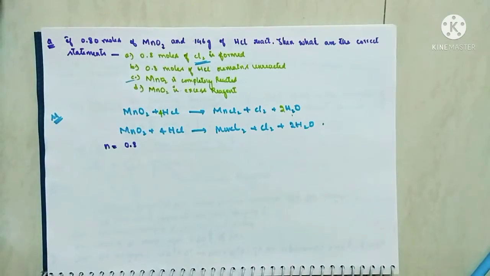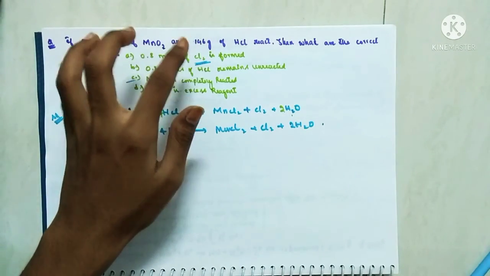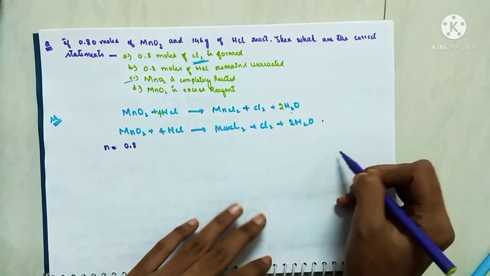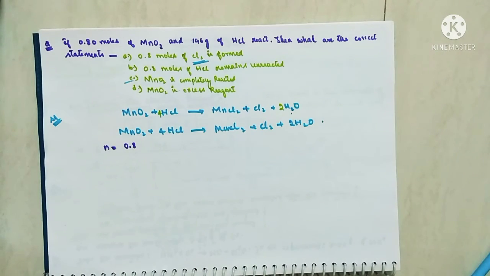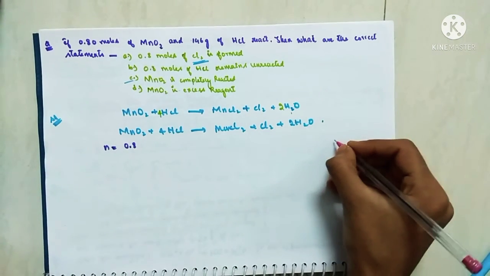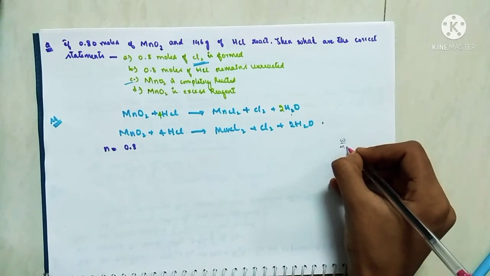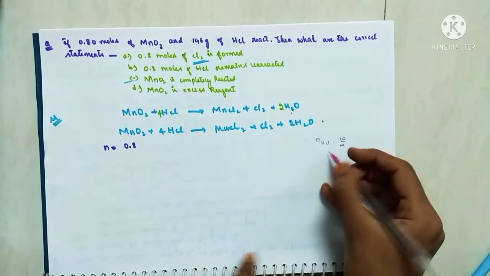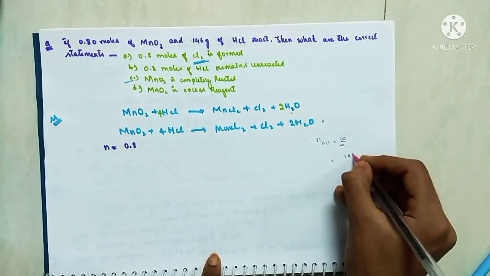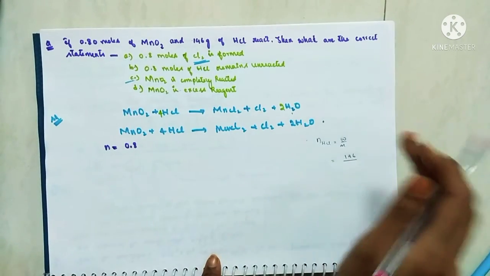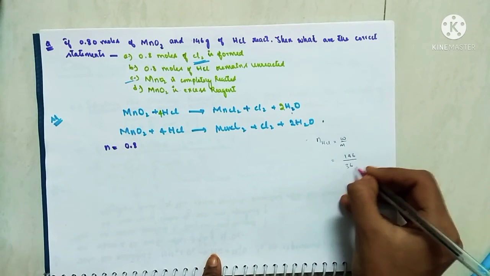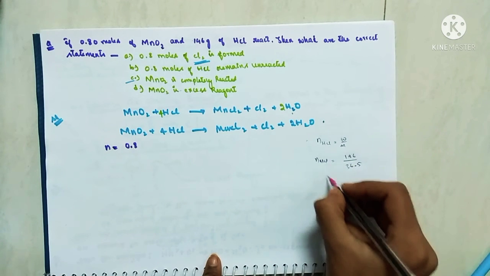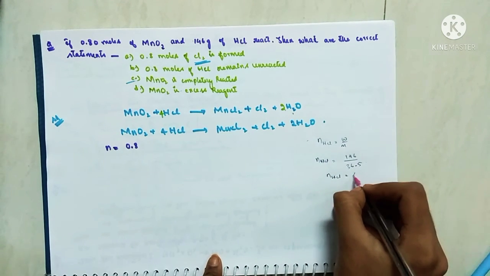They did not give the number of moles, they just gave the weight of HCl. So we must find the number of moles of HCl, which is weight by molar weight. n of HCl is 146 by 36.5, that is 35.5 plus 1. So the number of moles of HCl will be 4.